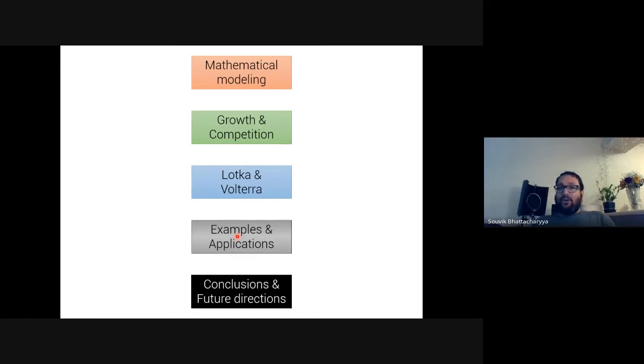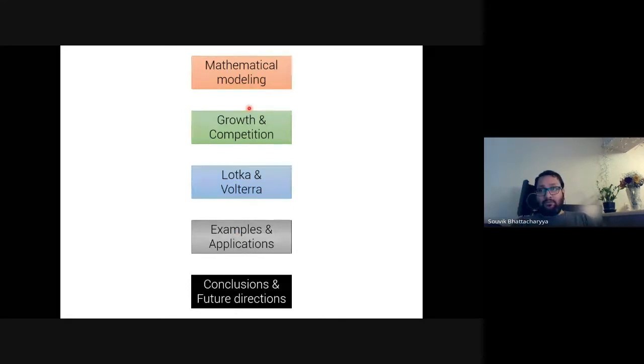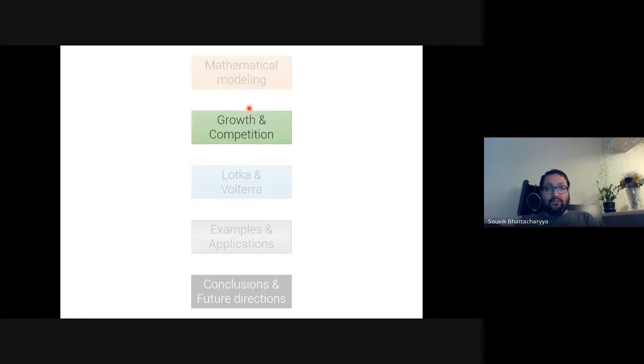So in today's talk, I'm going to talk about five different, connected things. First, I'm going to talk about mathematical modeling and very basic concepts of it, so that we can understand what the Lotka-Volterra model is all about. Then I'm going to talk about ecological concepts of growth and competition very briefly, so that we can go to the main topic, that is Lotka-Volterra.